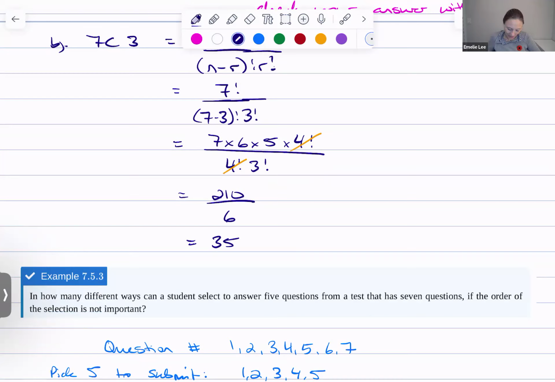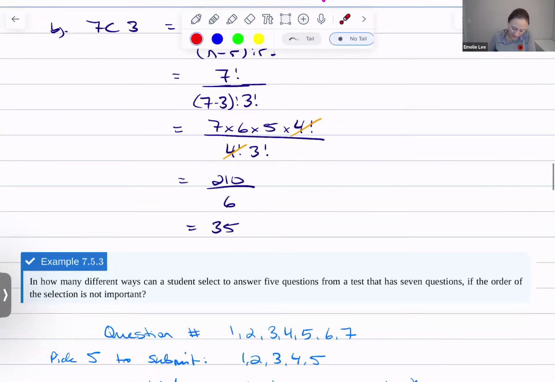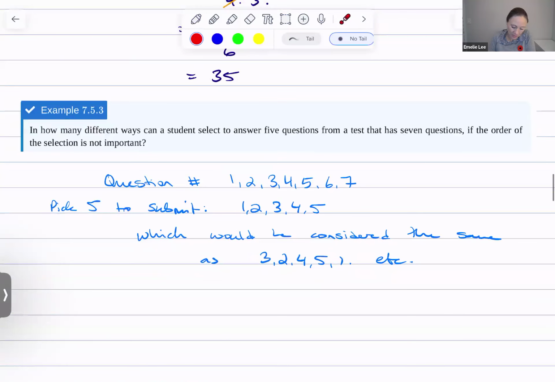Okay. So sometimes, as you know, we have to solve some word problems and figure out if I need to solve permutations or combinations. And so here's some examples. In how many different ways can a student select to answer 5 questions from a test that has 7 questions?